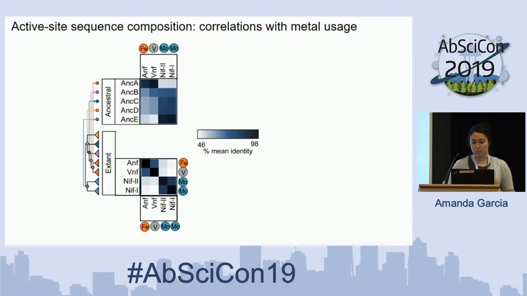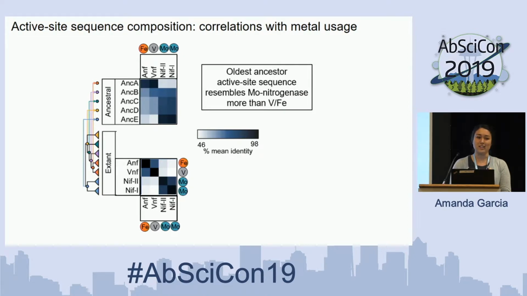And so we then bring that up to the top portion of this plot where we're comparing the ancestors, that's A through E, with the modern forms, and we find that most of the ancestors, B through E, seem to look a lot more like the molybdenum forms than the iron and vanadium forms. Perhaps with the exception of ancestor A at the top, which happens to be the direct ancestor of the iron and vanadium forms, and so its resemblance to those modern nitrogenases is quite reasonable.